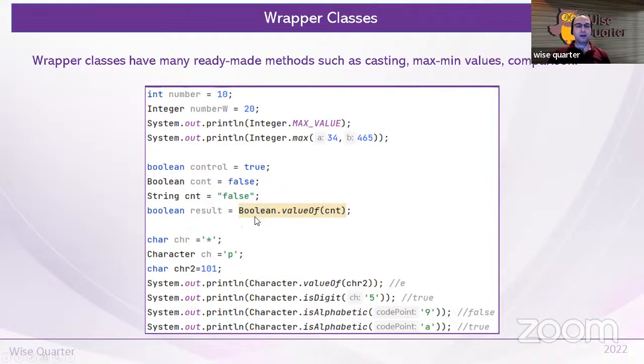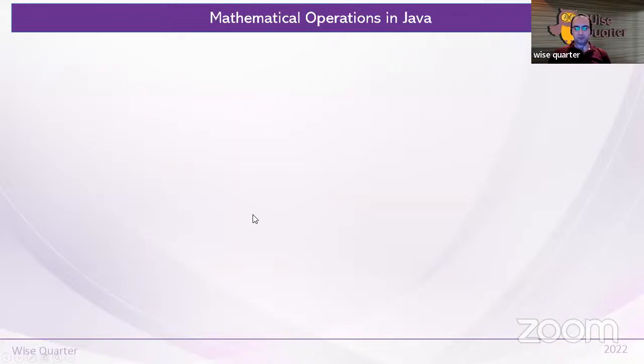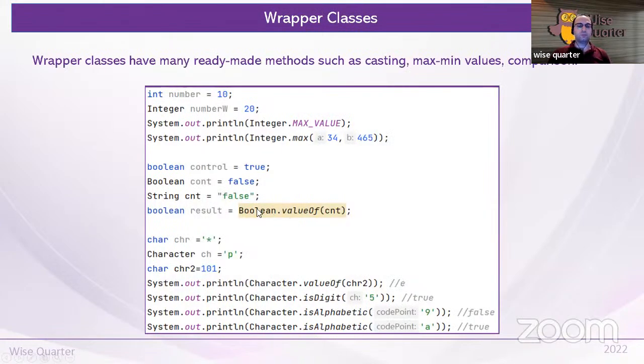Here we are using the Boolean wrapper class name and valueOf control, for example. It was false, and as you can see, actually it's a string with double quotes. But if you use this method, you can turn it to an actual value for a Boolean.